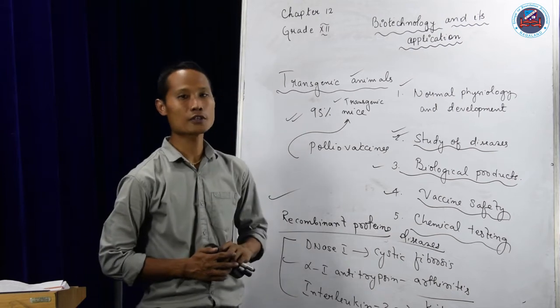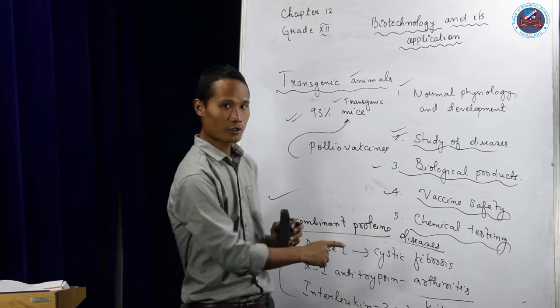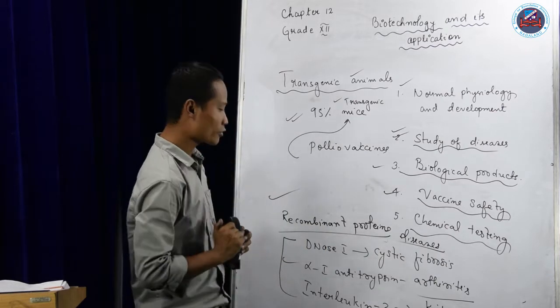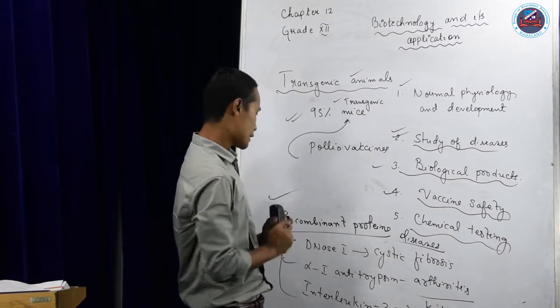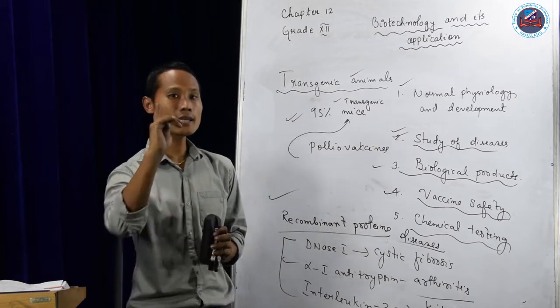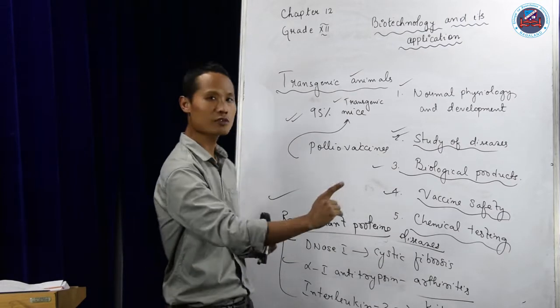I'm not going to give a written assignment. So when you watch your video, this will be the last video, and I'm reading out the assignment for you. The assignment is that you have to search at least 10 recombinant proteins, and the diseases in which we use those recombinant proteins.